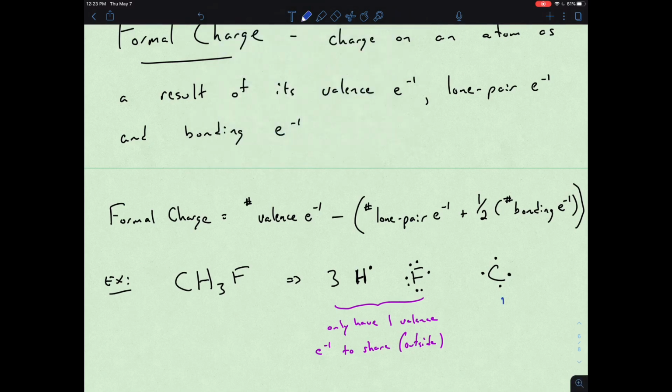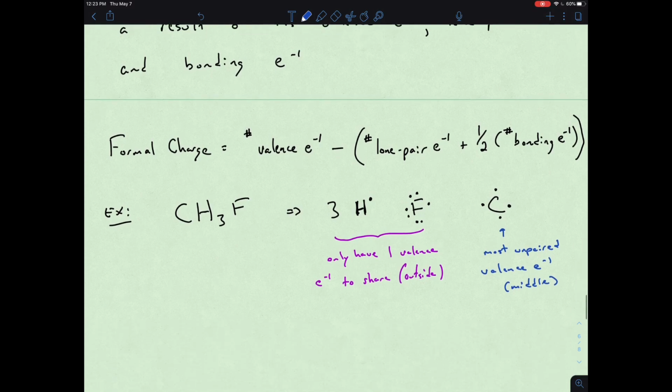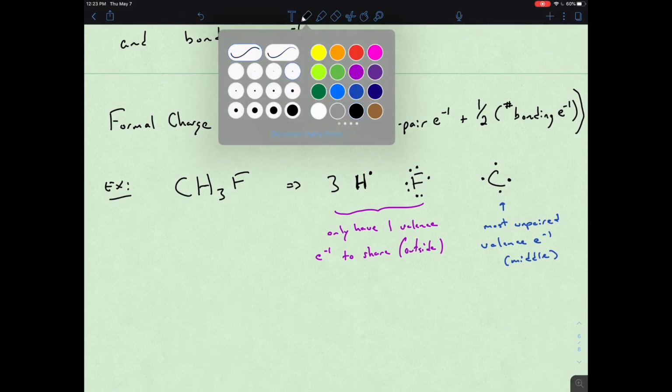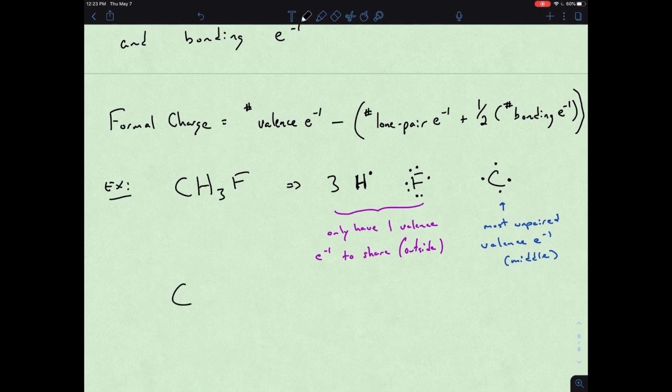And then with our carbon, we have the most unpaired valence electrons, and that's why it's going in the middle. So we can develop a structure, hopefully now getting a little bit easier here, with our carbon in the middle. We have our hydrogens, and then our fluorine atom.